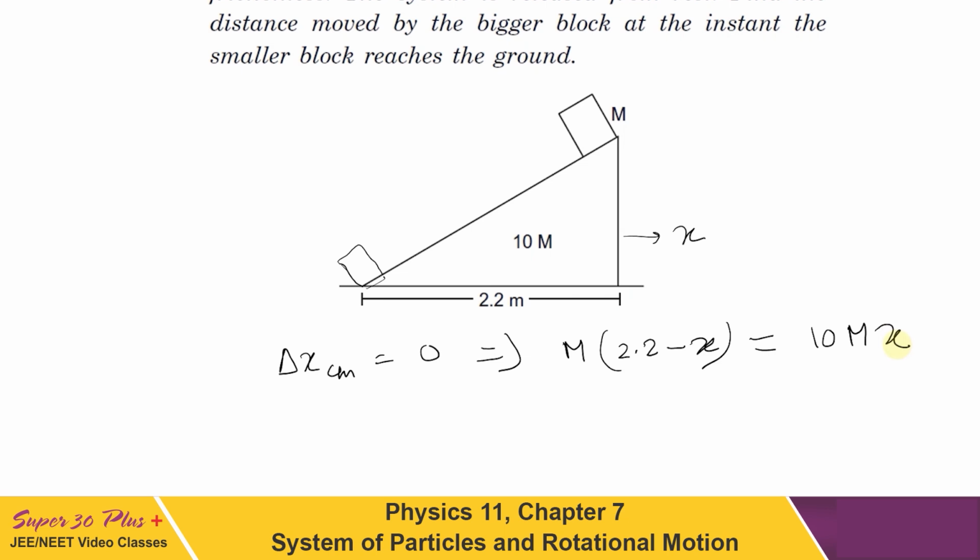On solving this, we will get x to be equal to 0.2 meter. So the bigger block moved by a distance of 0.2 meter at the moment block m comes to the lowermost point of the wedge. Move to the next question now.